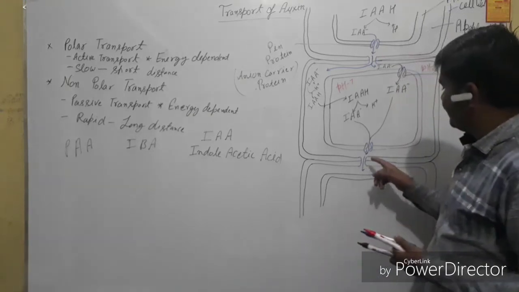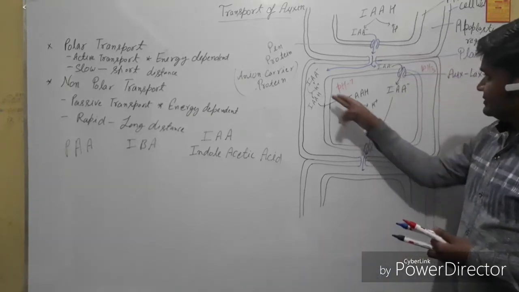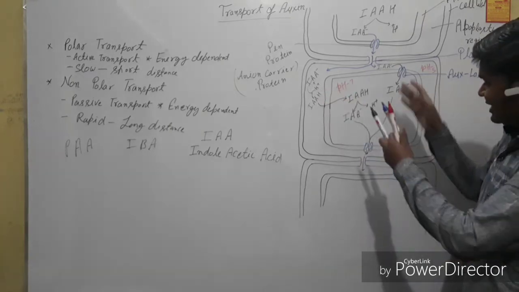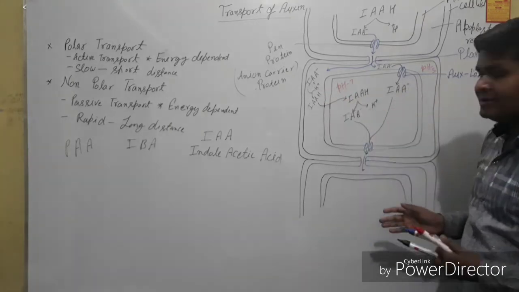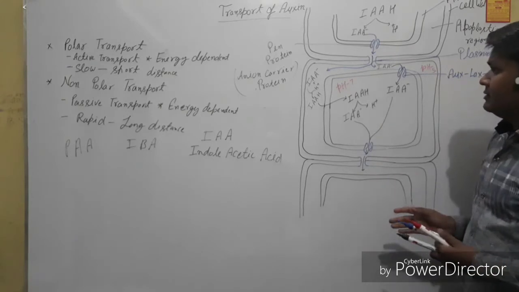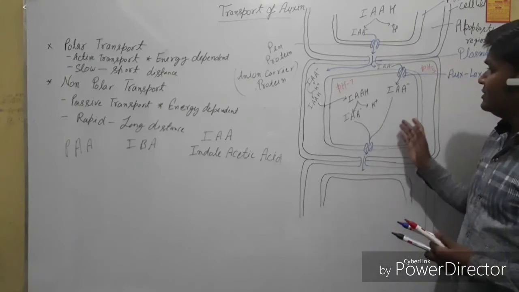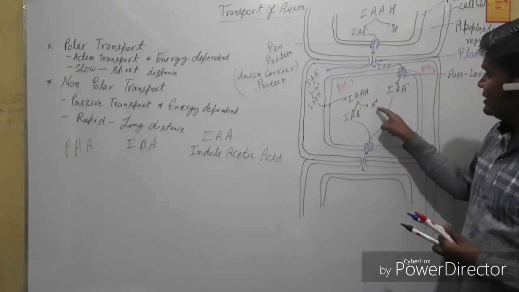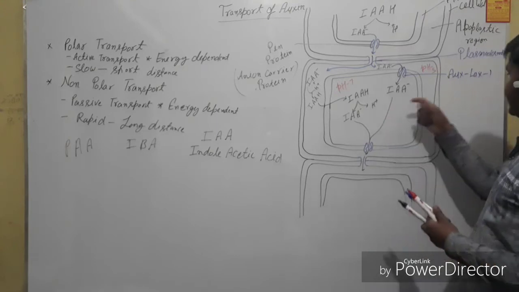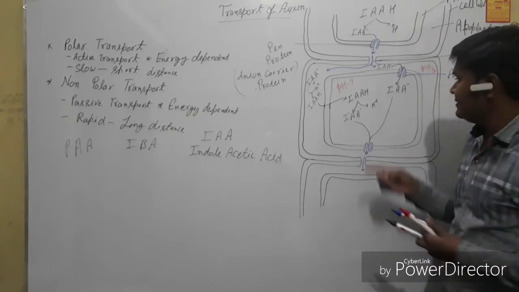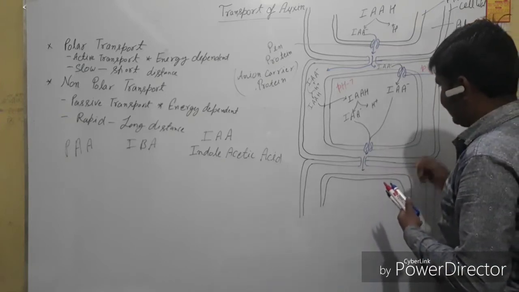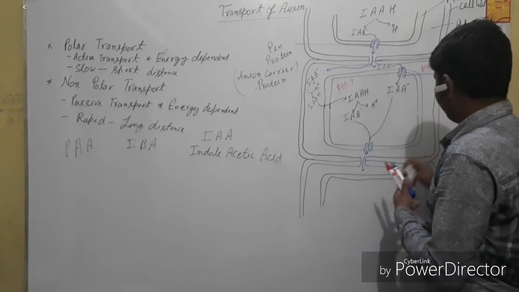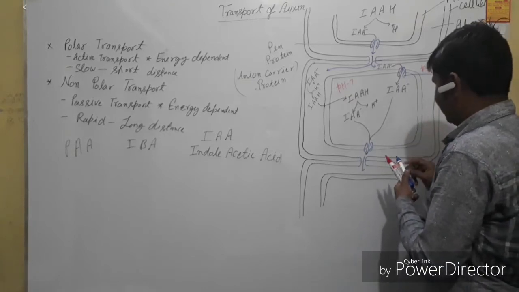Here this reaction also takes place, and then transportation in a cell to cell manner occurs. Now this hydrogen ion comes to the apoplastic region with the help of the hydrogen pump.